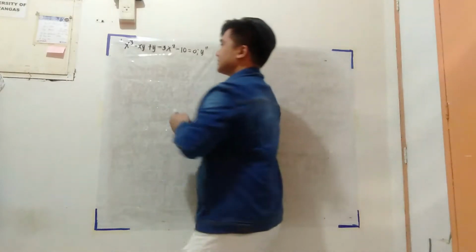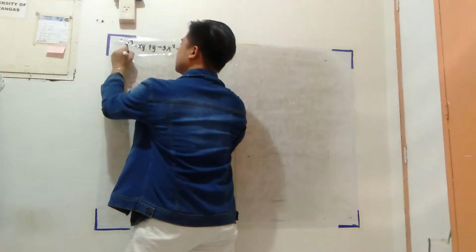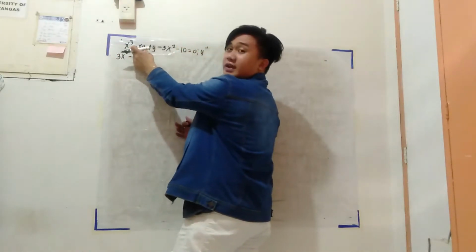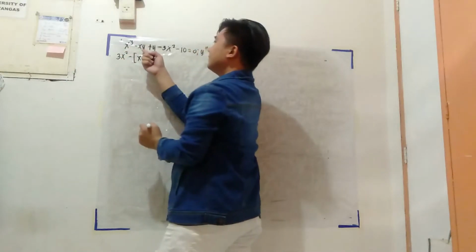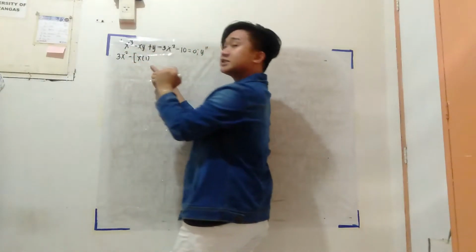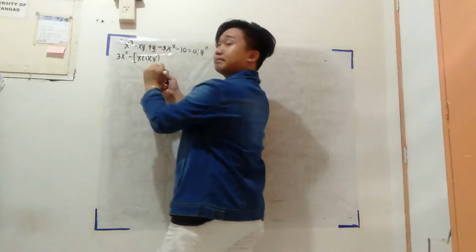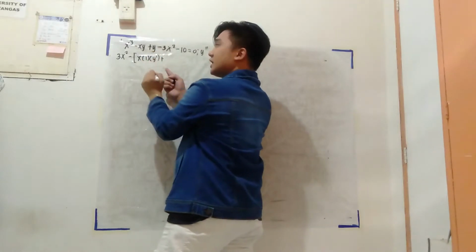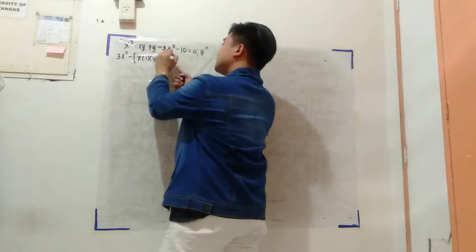Okay? So, differentiate ko lang. This will become 3x squared minus, di ba, uv, magiging udv plus vdu lang po ito. So, x times derivative of y is 1. Tapos, derivative ko yung y, so lagyan ko ng y prime. Okay? Plus v, which is y, times derivative of x, which is 1.